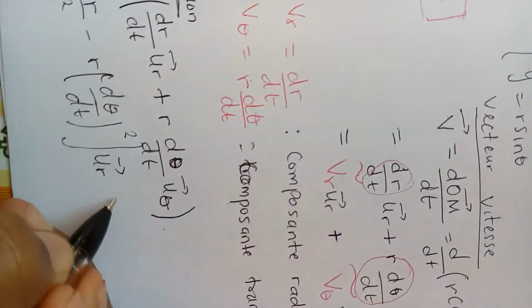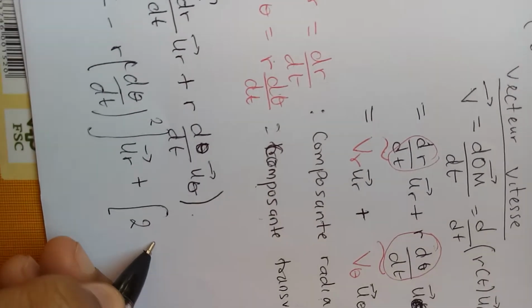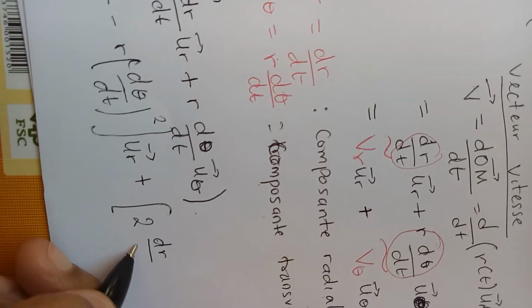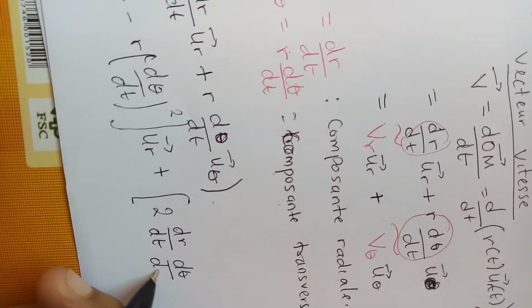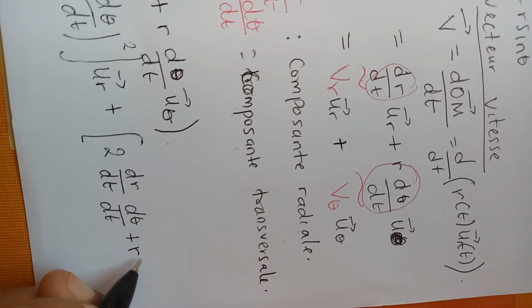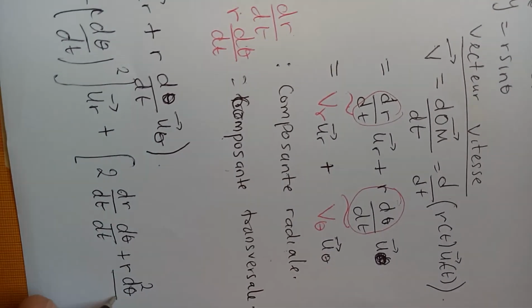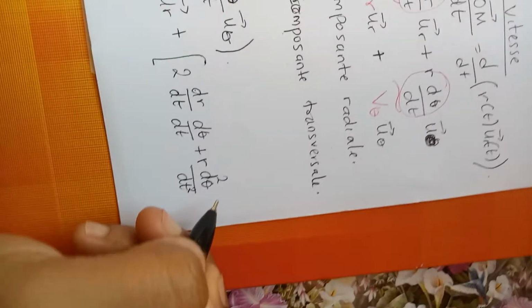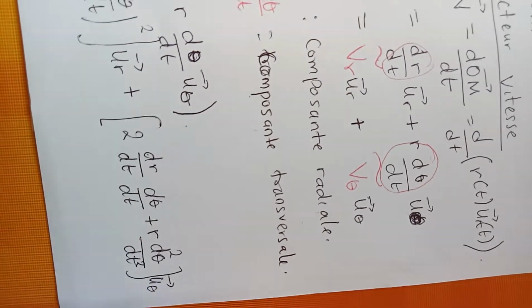Maybe you can write this in your jotter, like I always say, and then 2 dr over dt d theta over dt plus r d square theta over dt square, and then u theta.